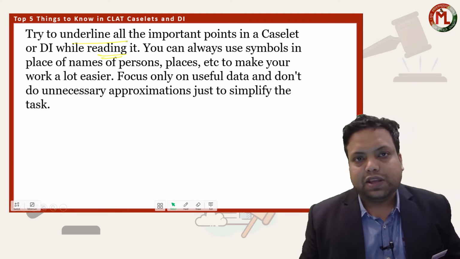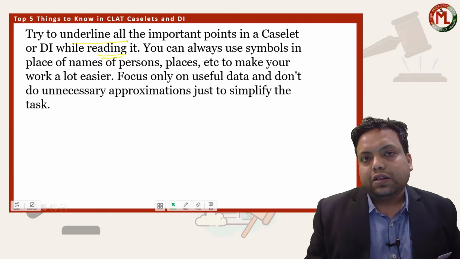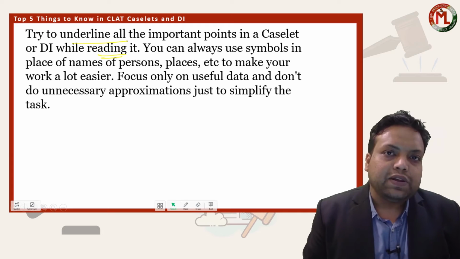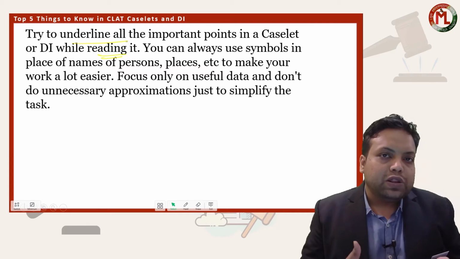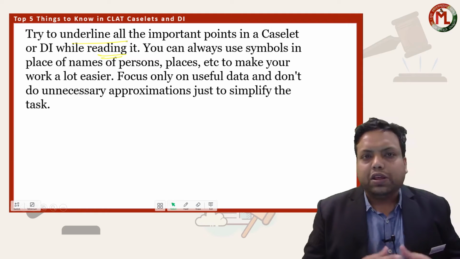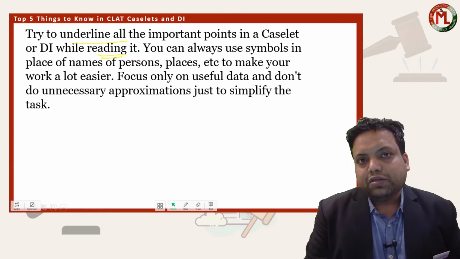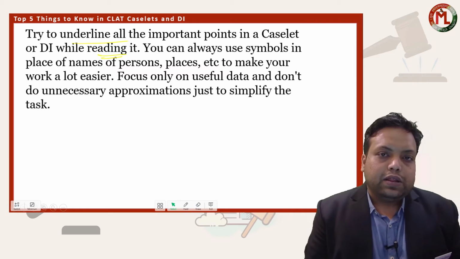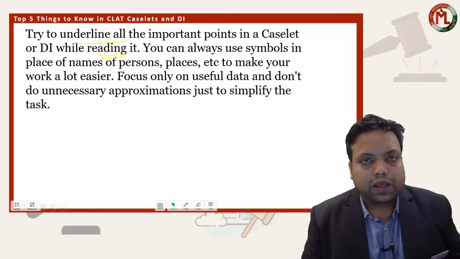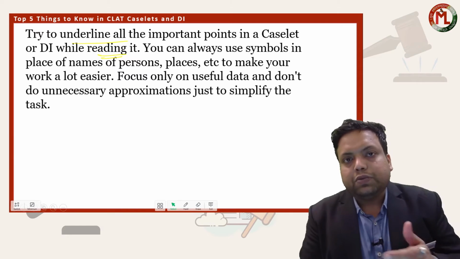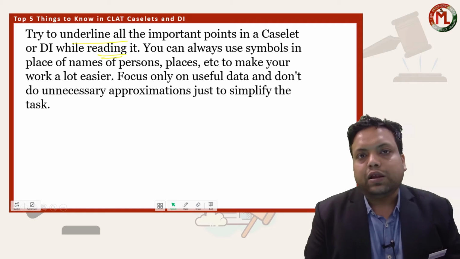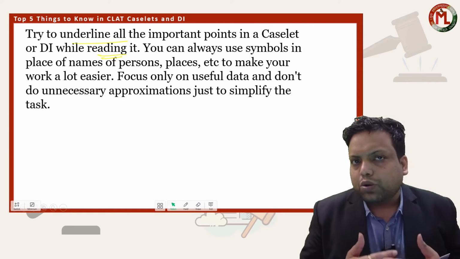Many a time we have seen, for example in last year's CLAT paper, the last paragraph was more than I think 500 words, but the first 300 words were totally useless, isn't it? That is what I am trying to stress: you have to mark the important lines that contain the relevant data which we are going to use to solve the problems, and totally ignore other things.